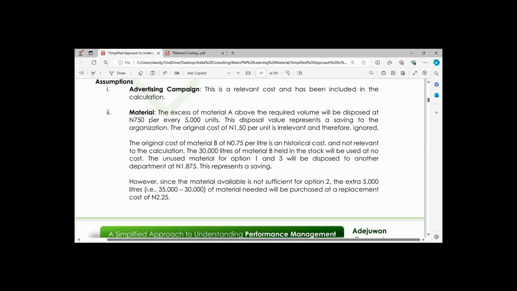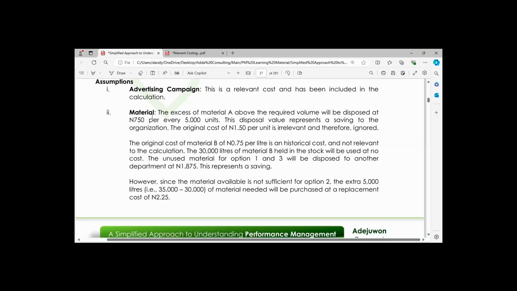Then, in the additional information number 2, we have material. So the assumption you are supposed to state is that the excess of material A above the required volume will be disposed of at 750 naira per every 5,000 units, which of course, that's our calculation. This disposal value represents a saving to the organization. The original cost of 1 naira 50 kobo per unit is irrelevant and therefore ignored.